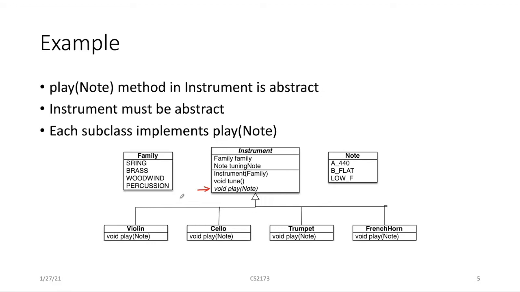The difference is that, in showing you it this way, the type is implemented by this family enum, whereas in the book's example, you see similar things: strings, brass, woodwinds, and percussion were all subclasses of instrument.